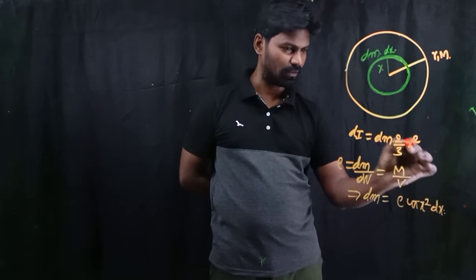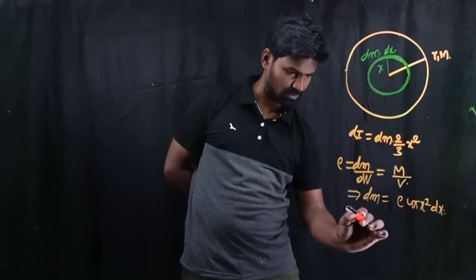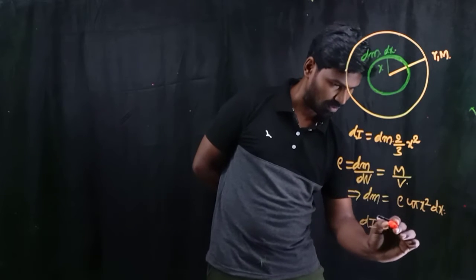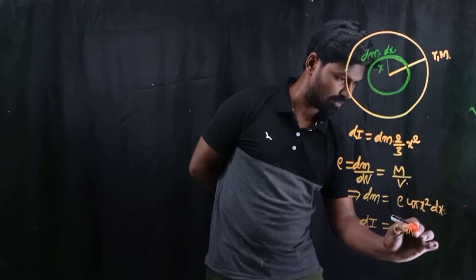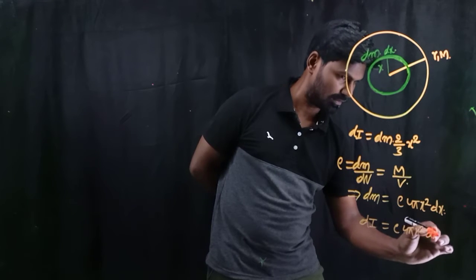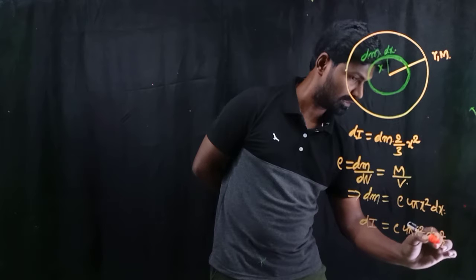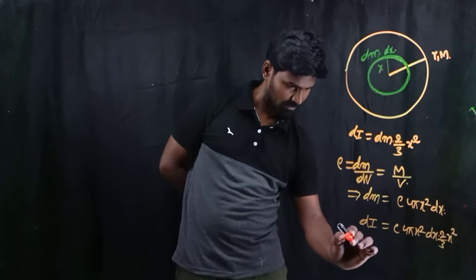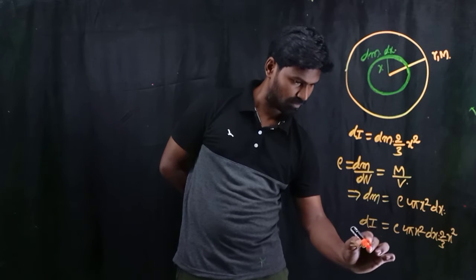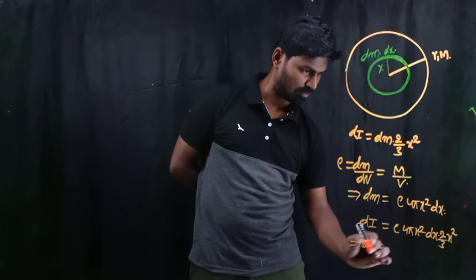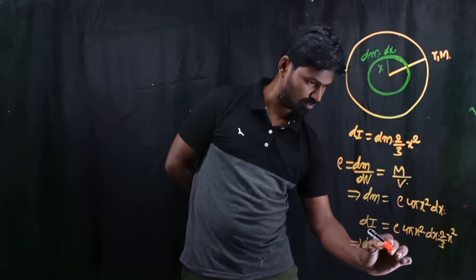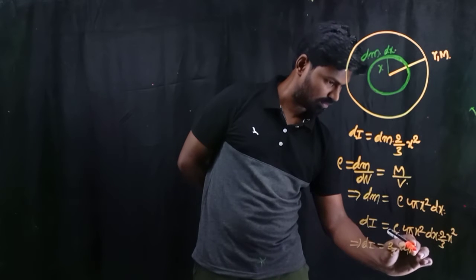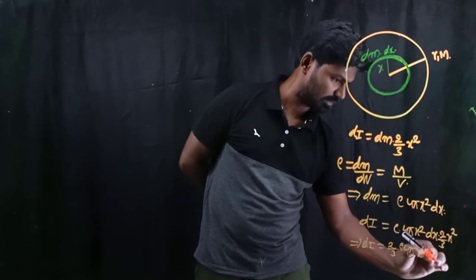Now I will substitute back into this expression. Therefore dI, the moment of inertia of this elemental shell, is given by rho into 4 pi x squared dx into 2/3 x squared. Rho is constant, 4 pi is constant, 2/3 also constant, so dI is 2/3 rho into 4 pi into x to the power 4 dx.